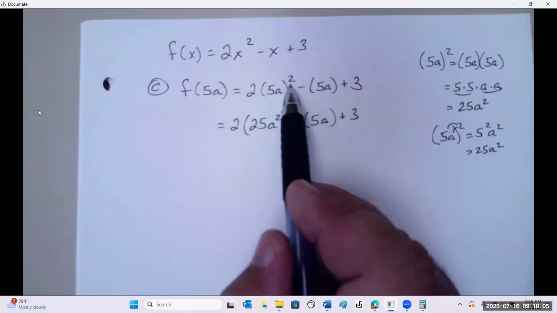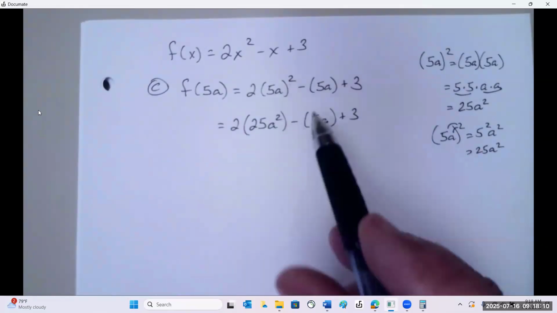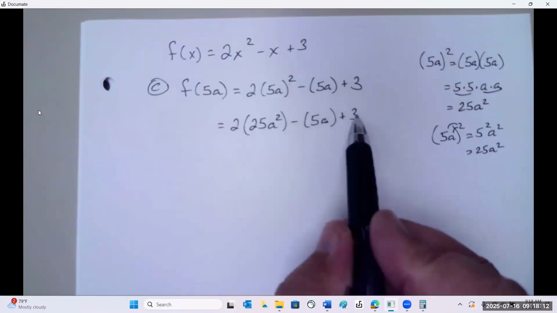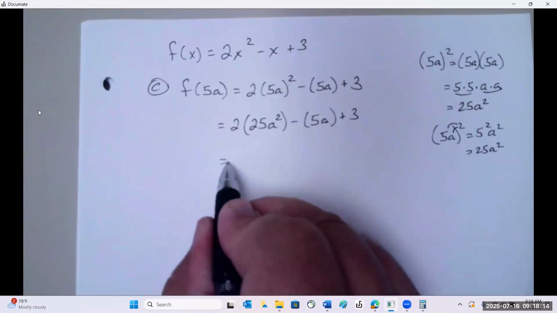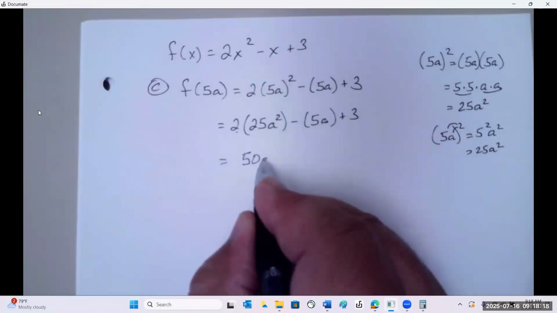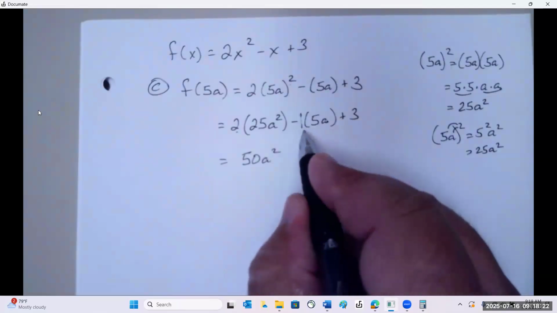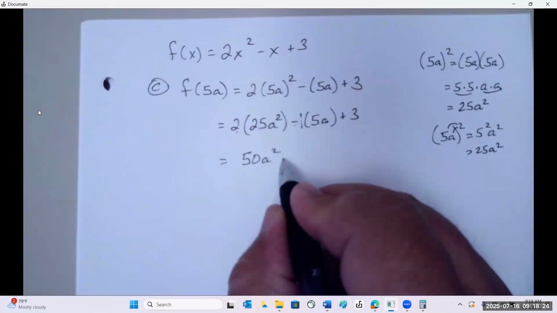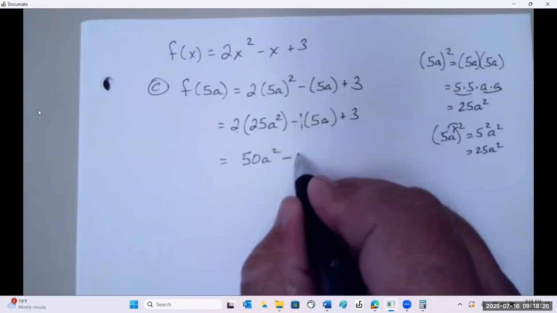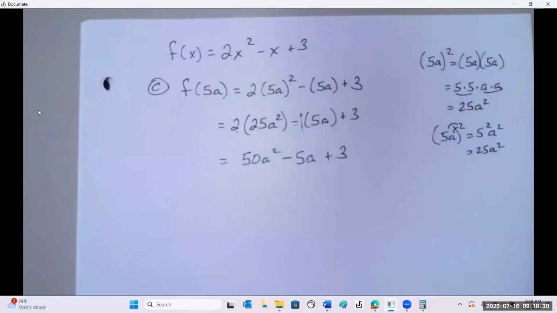I first do special operations, exponents. I get rid of that first. Any more special operations? No. Multiplication, division? Yes. 2 times 25 is 50. Negative 1 times 5: negative times positive is negative. 1 times 5 is 5a. And we can't go any further, so we're done.